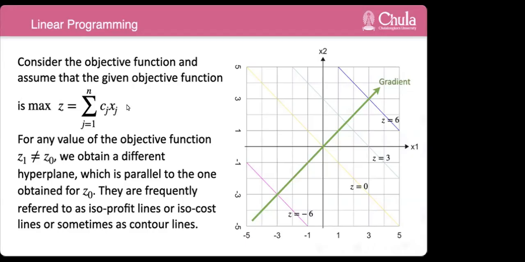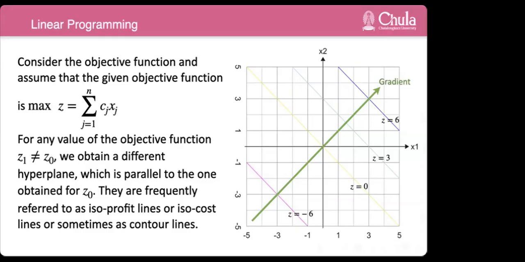For example, if we choose Z to be 0, we have a number of points that satisfy this equation. We call it an isoprofit front, a set that has equal objective function value.